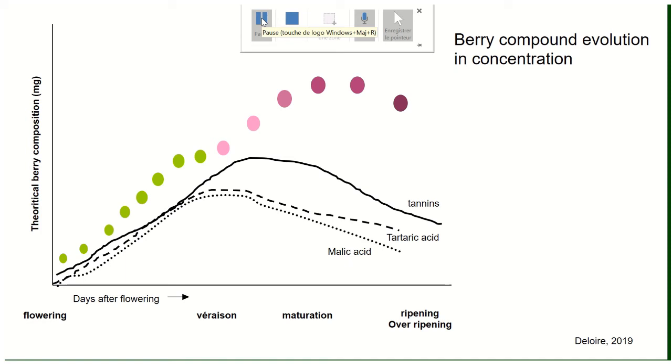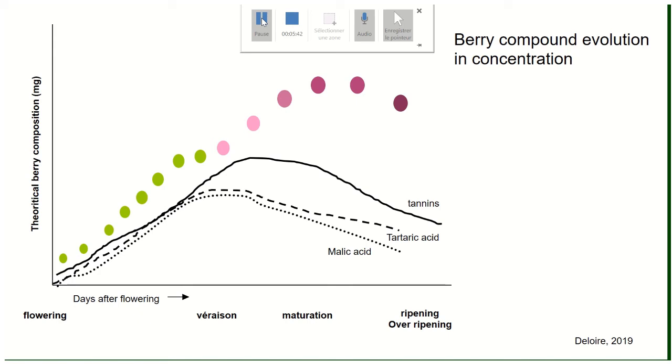And because from berry softening onwards, or a little bit after berry softening, you have an increase of the volume of the berry, now in concentration you have a decrease of the tannins. So it does not mean that the tannins are used to do something in any kind of metabolism. There is no catabolism of tannin. It is just a matter of dilution.